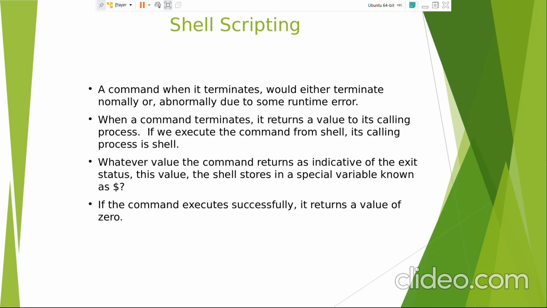If the command executes successfully, it returns a value of 0. So if any command executes successfully, it returns a value 0. And if this command returns the value 0 to shell, in the sense that shell being the parent, from the shell this command is executed, and hence the command returns the value 0 to shell, where the shell is going to store that value 0 in the $? variable.